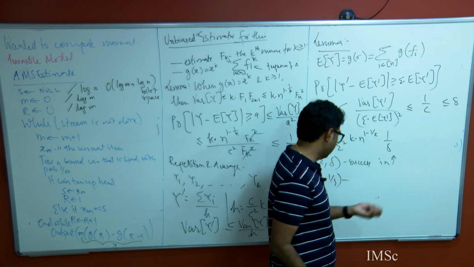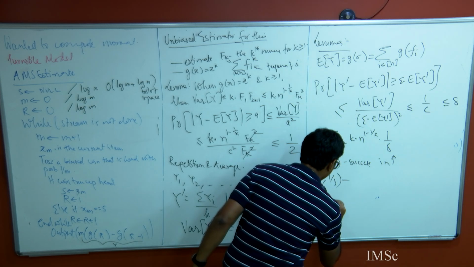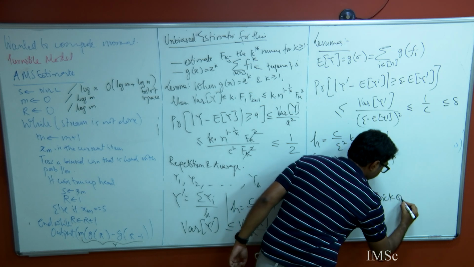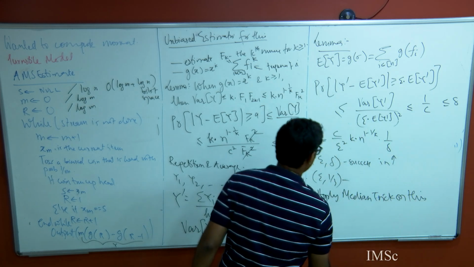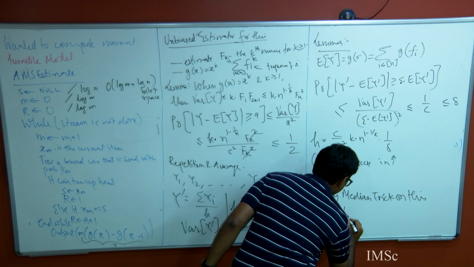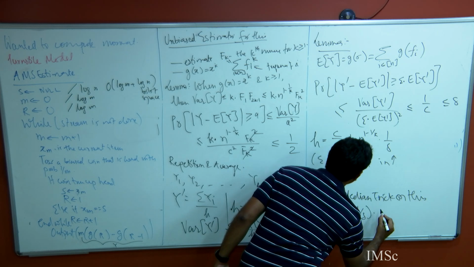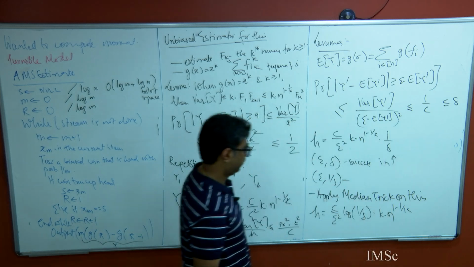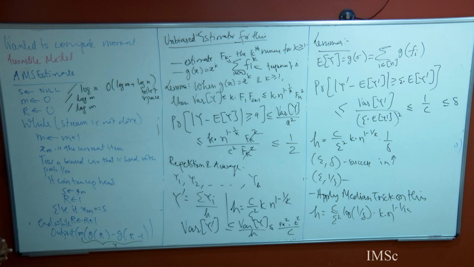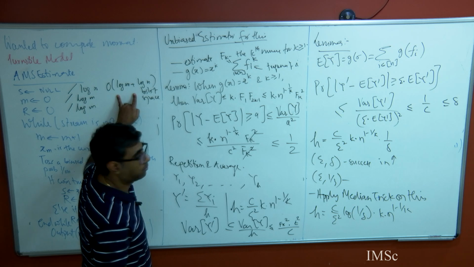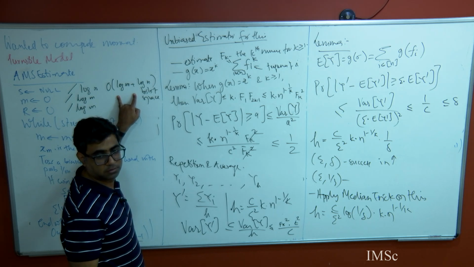If I apply the median trick on this, the new dependence of h will be c over epsilon square, log 1 over delta, times k times n, 1 minus 1 over k, right? So if this is what it is going to be, how much space is it going to take? The space is going to be this times log m plus log n bits, right?